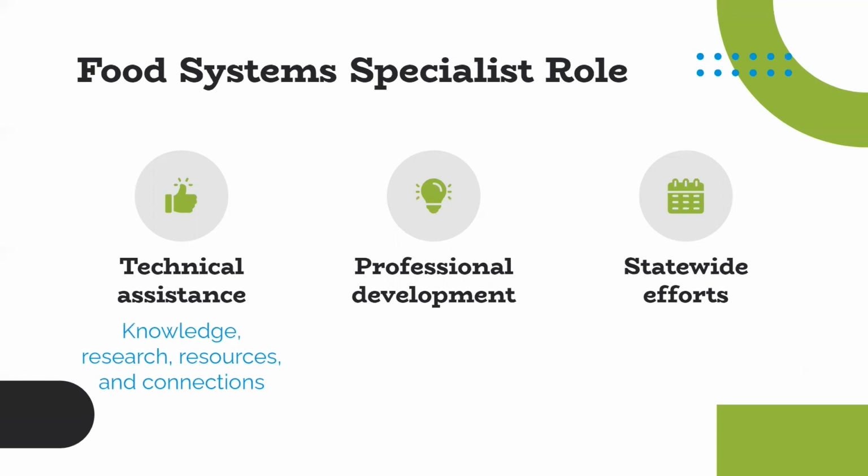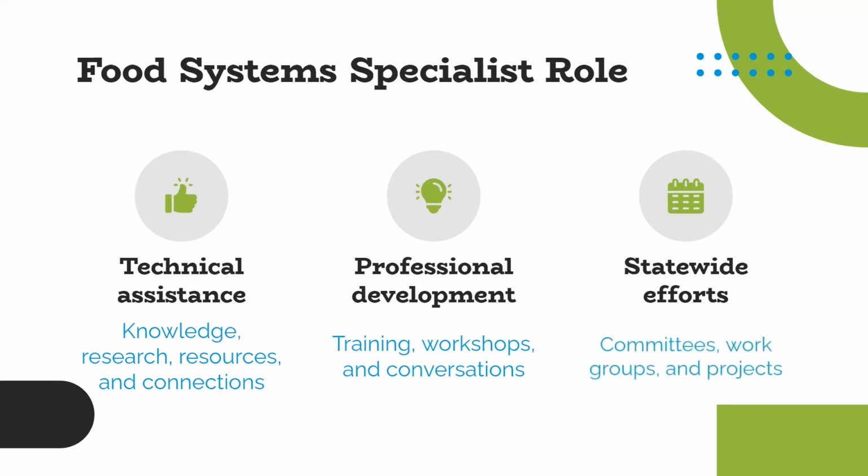The specialist facilitates professional development, such as trainings, workshops, conversations, and other learning opportunities to fill identified gaps, wants, and needs based on local agency feedback and reporting. The specialist also serves on state-level committees, leads working groups, and coordinates statewide projects as capacity allows.